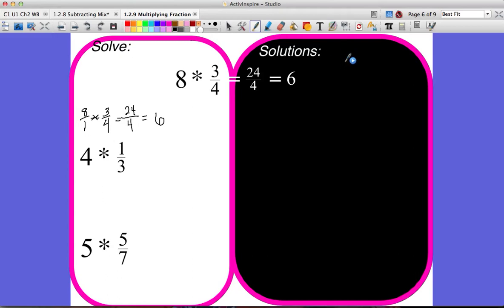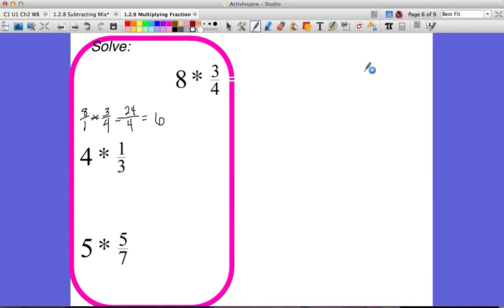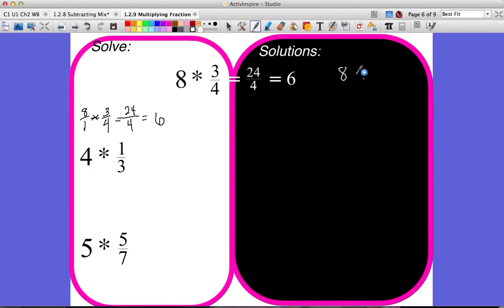The smallest that a number can be when you multiply it is itself, and the only number that gives you itself is 1. Anytime you use a fraction, your answer is going to get smaller than the number itself because this number is getting smaller.